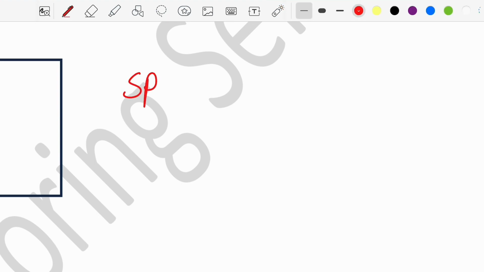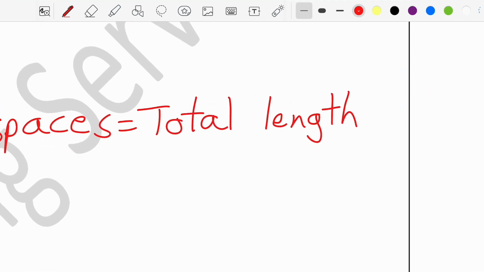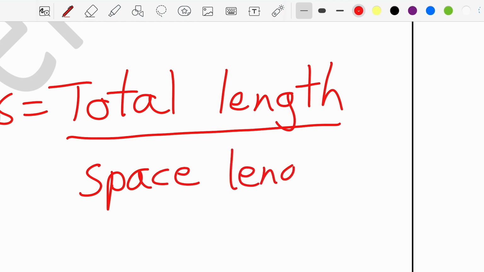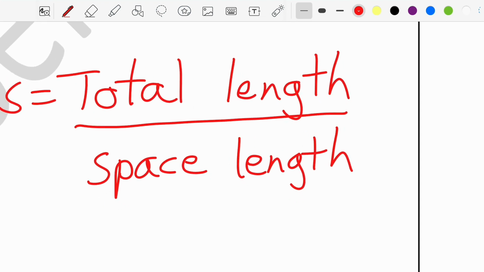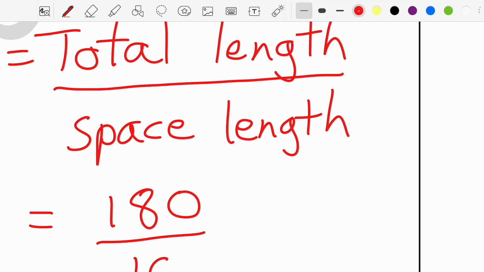The number of spaces is equal to the total length, in this case the perimeter, divided by the spacing or the space length, and that will be 180, which we worked out for the perimeter, divided by 10, which was given.